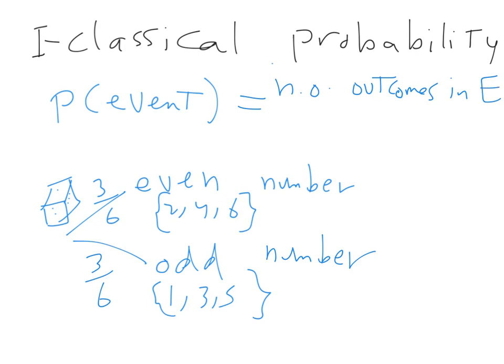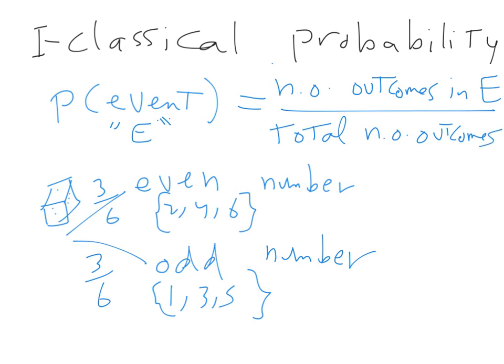Let's call the event E. Suppose this is the probability of event E. So it's the number of outcomes in E divided by the total number of outcomes. Okay, so that's the rule then. The rule is the probability of an event is how many outcomes are in this event compared to the total number of outcomes.